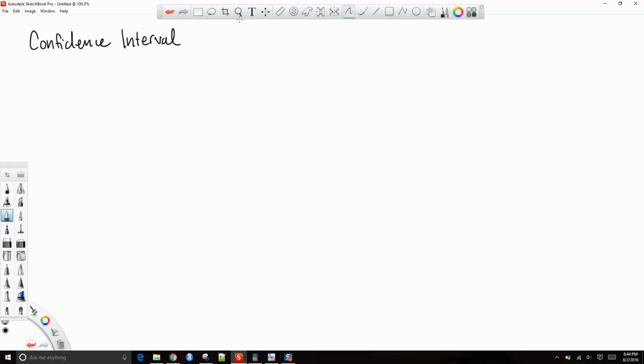So a confidence interval is one way for us to look at the data and make a conclusion about the population. Okay. So this is one statistical inference method.